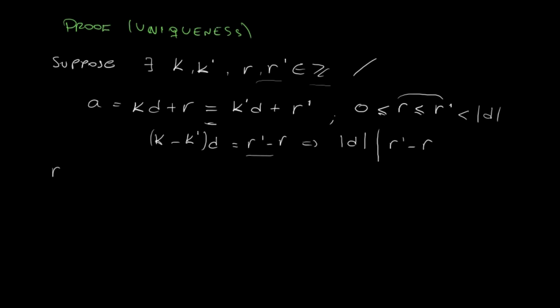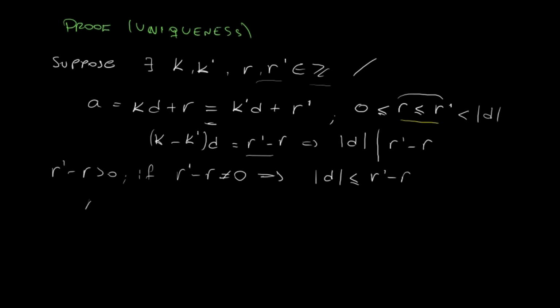And as r prime minus r is positive, because we assumed that r was smaller than or equal to r prime, then if r prime minus r is different than 0, because of what we have seen in divisibility, we have that the absolute value of t is smaller or equal to r prime minus r.